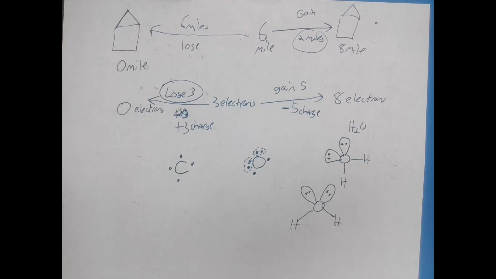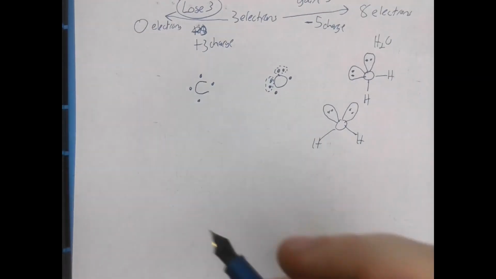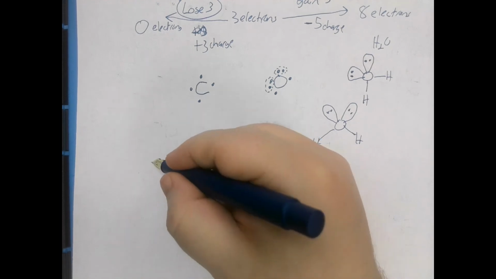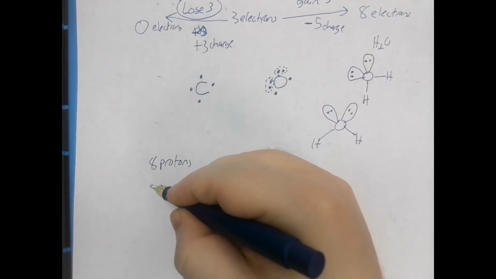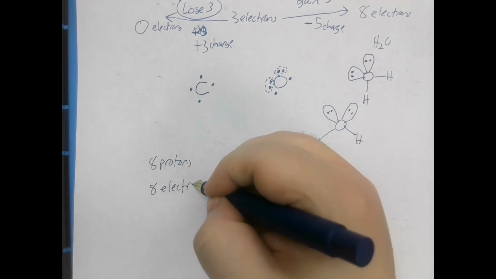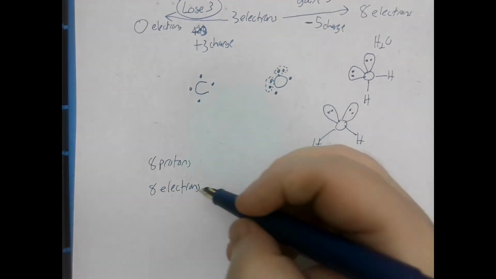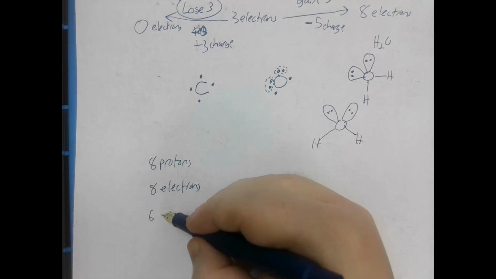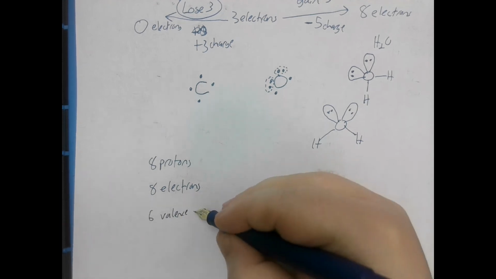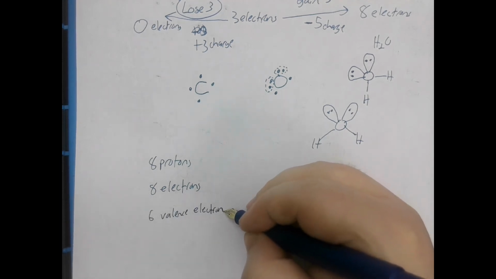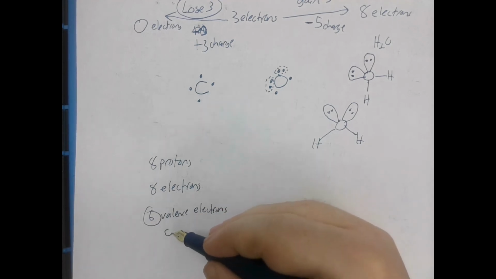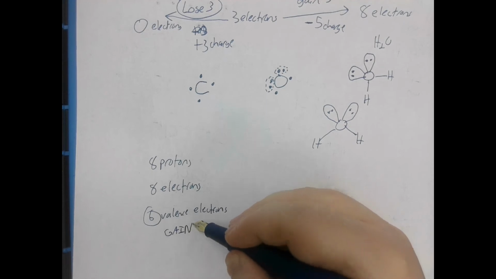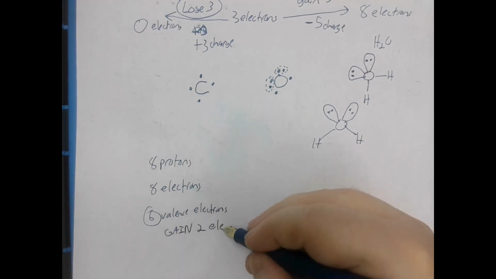Another way of looking at it is, let's do oxygen for a second. Oxygen has 8 protons and 8 electrons, and it has 6 valence electrons. In order to become more stable, it wants to gain 2 electrons.